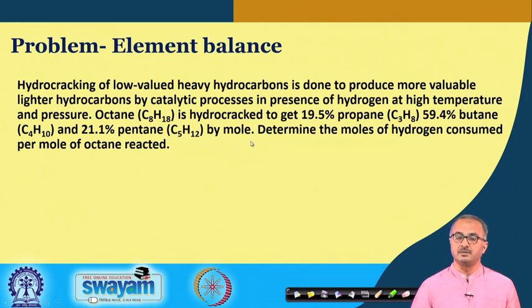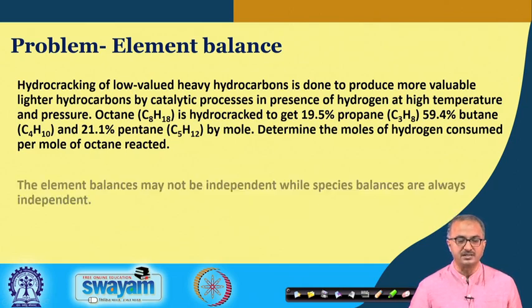Please understand that even if you are not told whether it is percentage by mole or mass, by default whenever it is a gas we take the percentage composition in terms of moles, whereas in the case of liquids and solids, when nothing is given, we take the percentage as mass. This is the general convention. We have been asked to determine the moles of hydrogen consumed per mole of octane reacted.